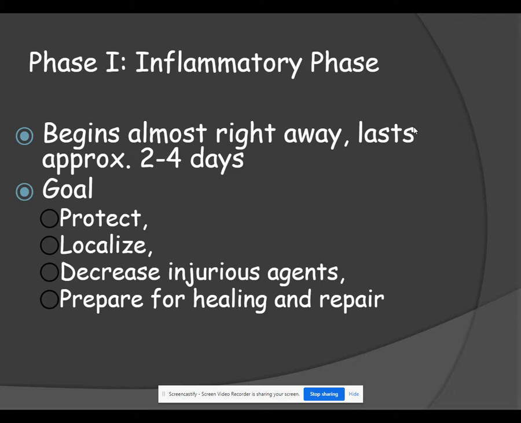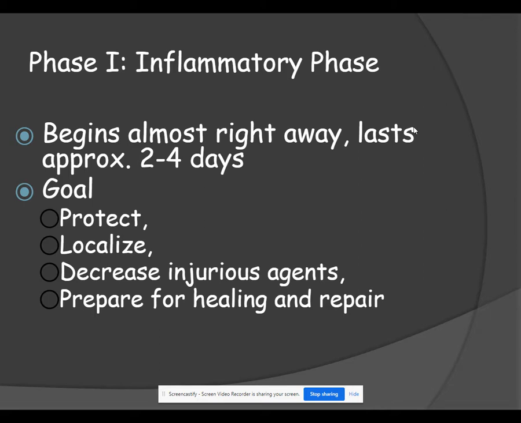Once a tissue is injured, it's going to call the inflammatory response, just like you've always seen in bio. If a sickness happens, it recruits more white blood cells. It's the same concept. This injury at the cellular level creates an altered metabolism and releases chemical mediators that cause the inflammatory response.